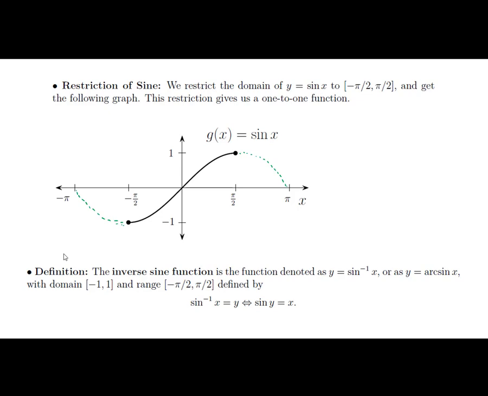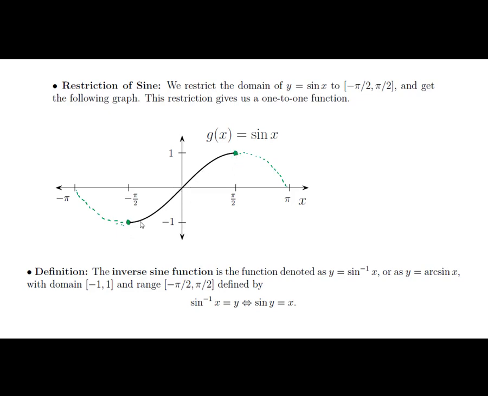So the idea here is, while I can't find an inverse function for the sine function as we've been studying it, what we can do is restrict the sine function so we force it to be a one-to-one function. So we're going to restrict the domain of sine to only go from negative pi over 2 to pi over 2. The reason I make those choices is because at negative pi over 2 the y value is negative 1, and then I'm going to climb all the way up and get to the positive y value of 1 by pi over 2.